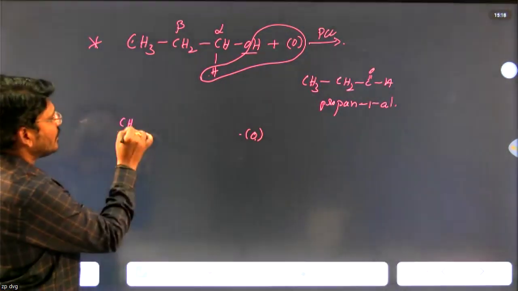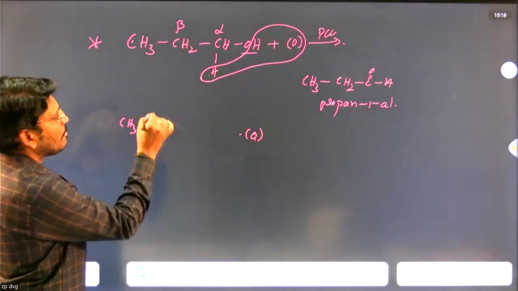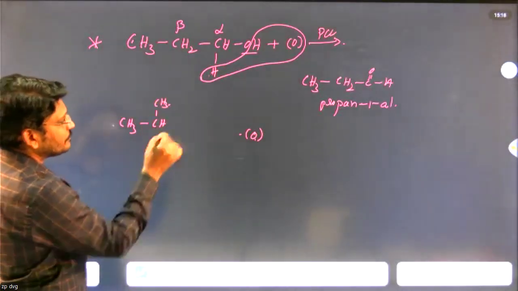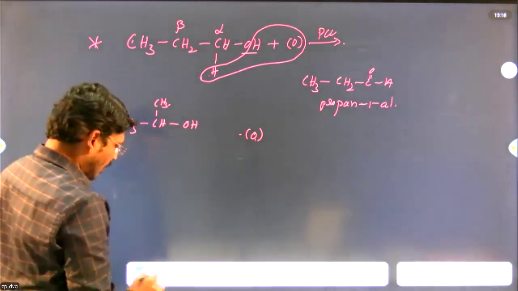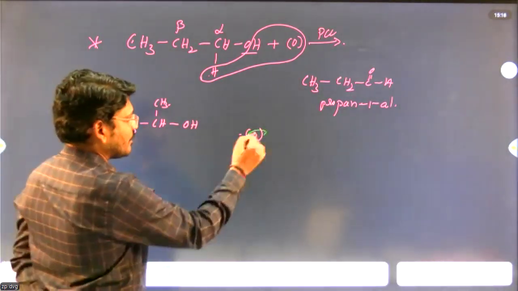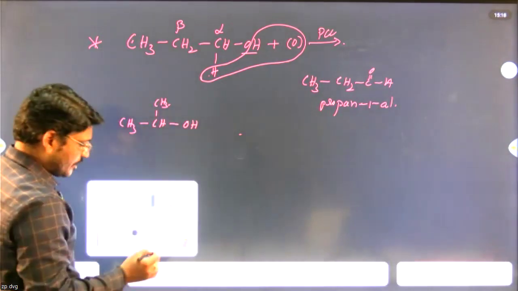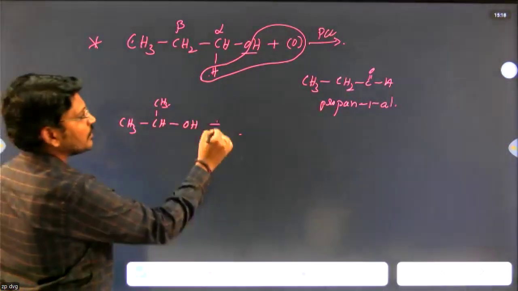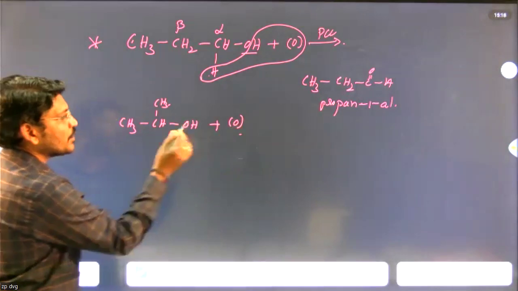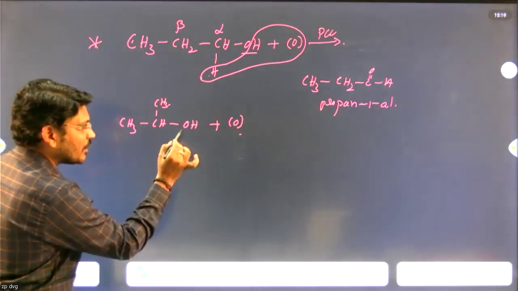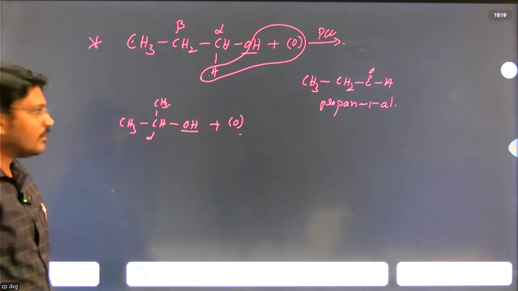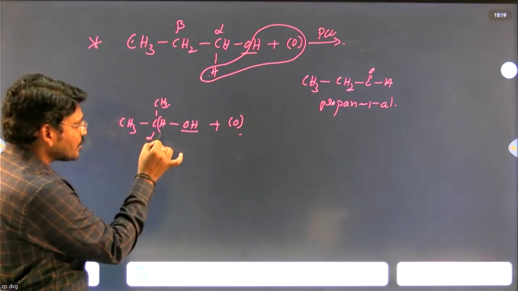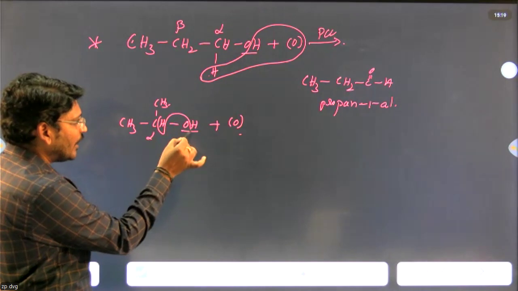So CH3, CH, here one CH3, here one OH. When this compound undergoes oxidation, we already know that it compulsorily requires an alpha hydrogen atom. This is the OH group. The OH group containing carbon is called what? Alpha.